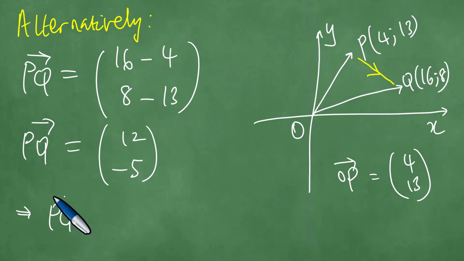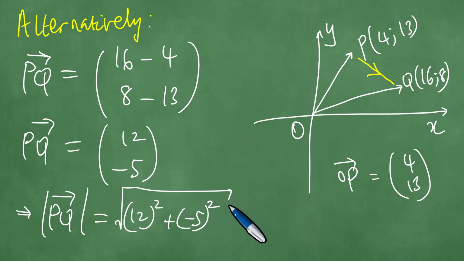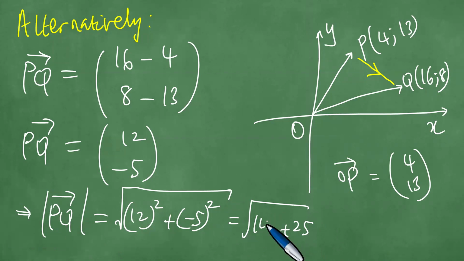And we have the magnitude of PQ, which is the square root of 12 squared plus 5 squared. 12 squared is 144, plus 25, which is 169, and this is 13 units.